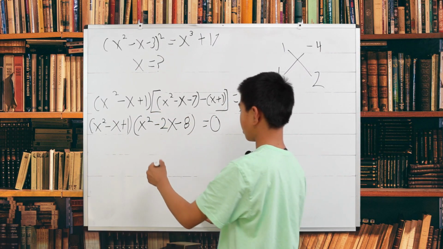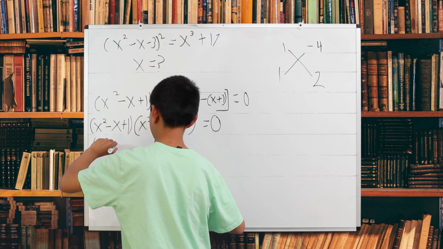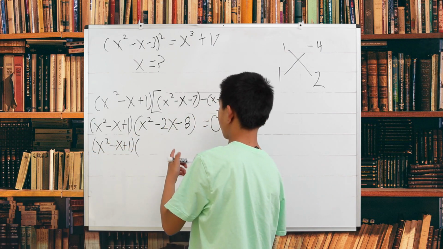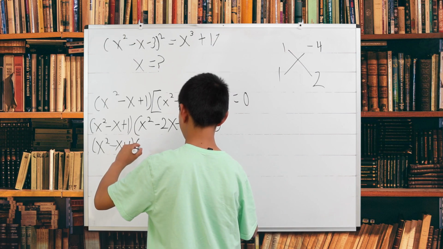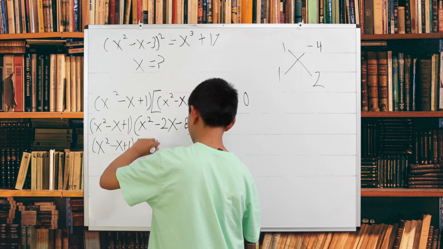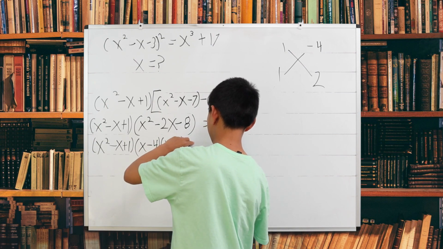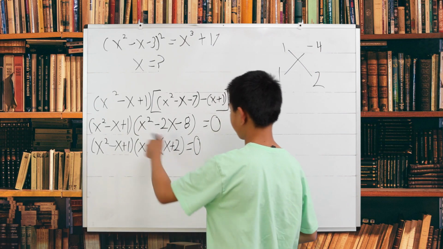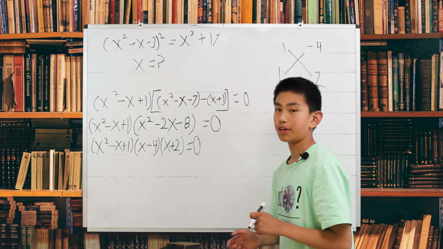So we can rewrite this equation again. This is going to be (x² − x + 1) times, well, now that we found the numbers, we can just plug it in for an equation. (x − 4)(x + 2) is equal to 0. Now, one of them has to be 0, or there's a case where all of them are equal to 0.